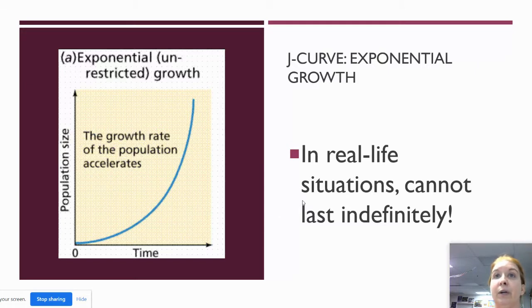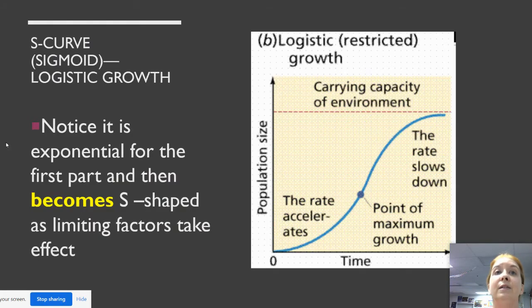And that is what we call a J curve. Before we get to carrying capacity, we have a J curve. So this is your exponential growth. In real life, this cannot happen indefinitely. So this was that intrinsic growth rate. We're just growing and growing and growing, but that isn't real. What is real is our logistic growth, an S curve, which stands for sigmoid. I will never ask you that.